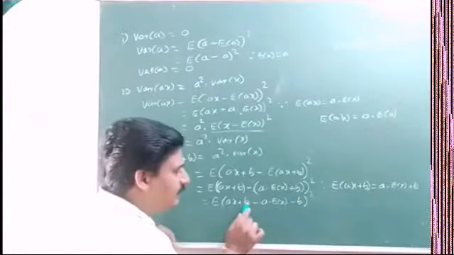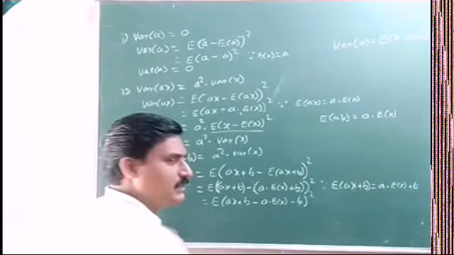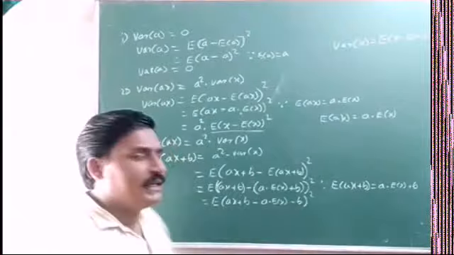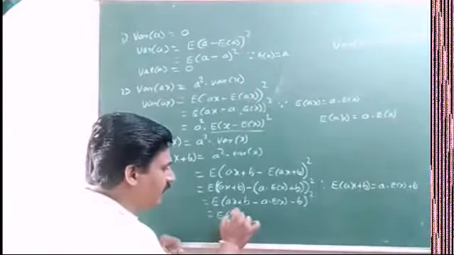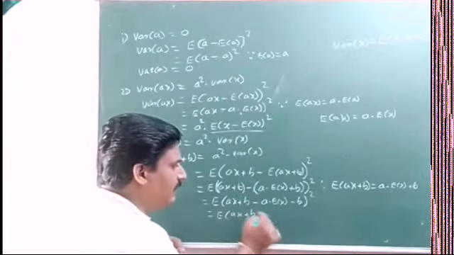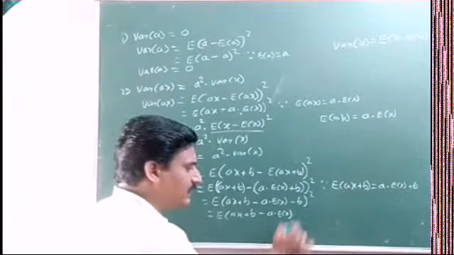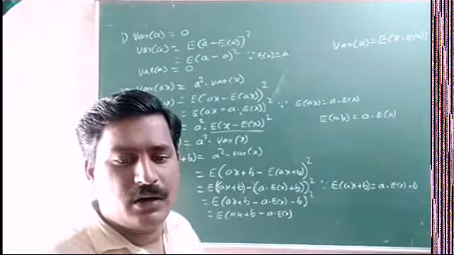There is a plus b and a minus b here, so plus b and minus b will get cancelled. When they both get cancelled, what is left here? That is E of ax plus b minus a into E of x minus a into E of x.